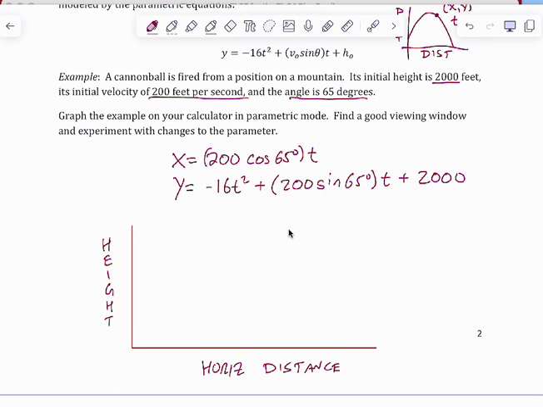So this would be the location in the air. And like I said, when you did parabolas in algebra where this axis was time, it wasn't really modeling the shape. It was just telling you the height and the time. So this is a little bit different than maybe what you've done in the past. Okay, so now we have to type these into the calculator.